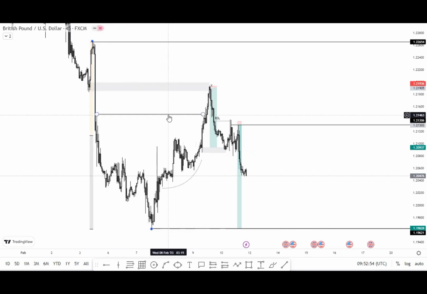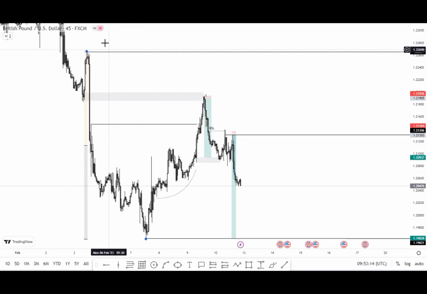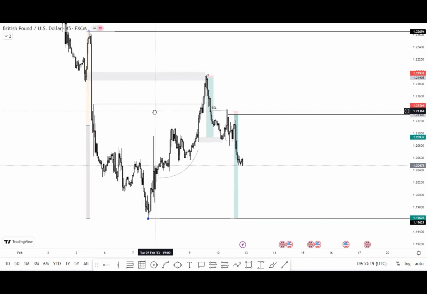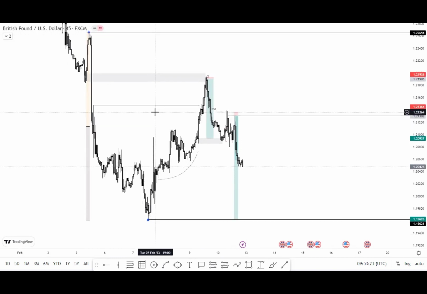Because if price didn't sweep this buy side liquidity, or let's call it inducement, price would have taken out this breaker block, then maybe come to this high, take out this high. Because price has to take out something to sell, and it has to take out something to buy.